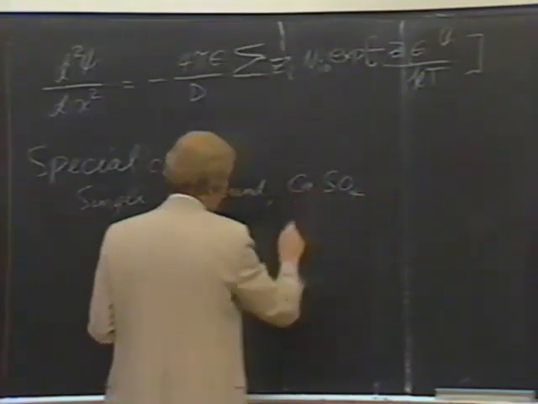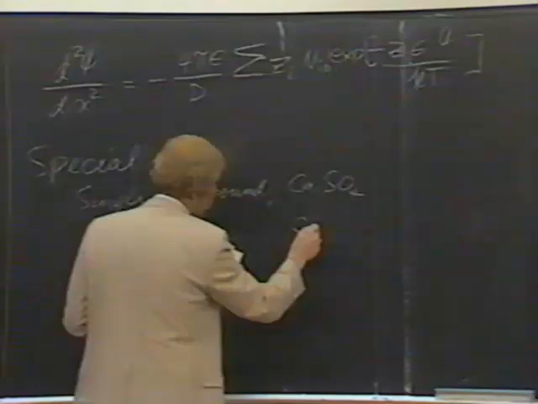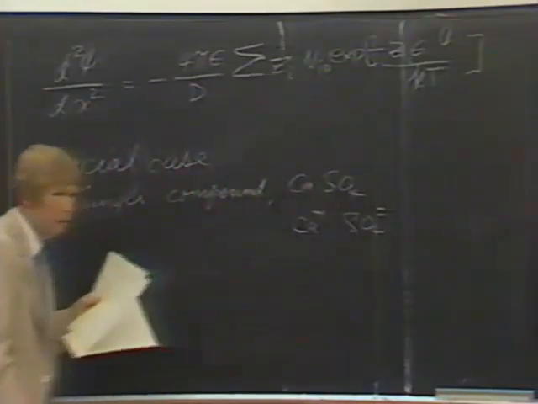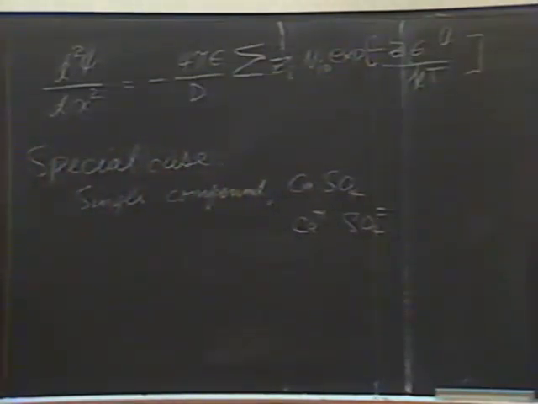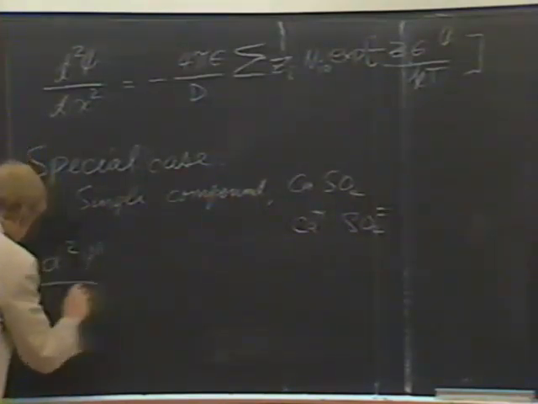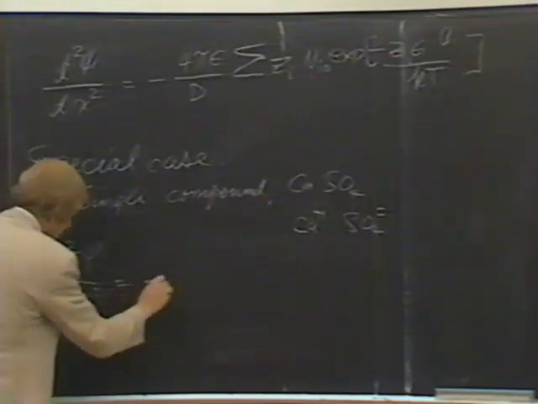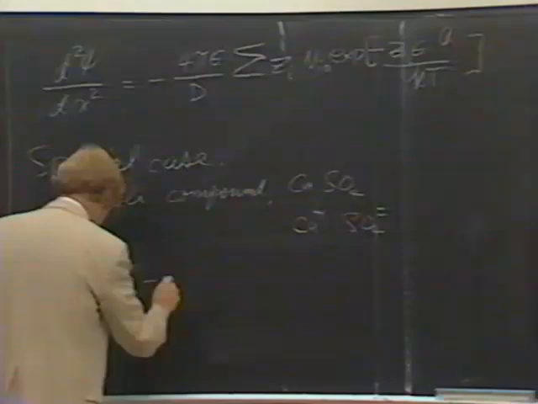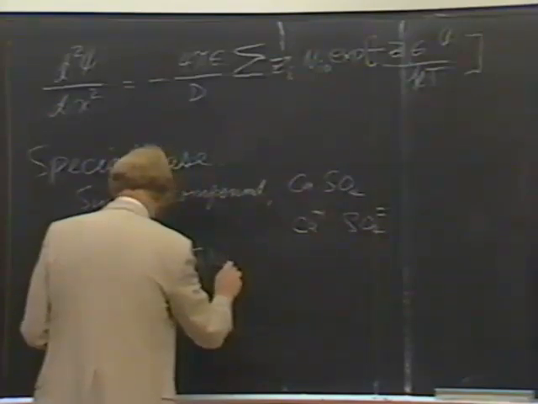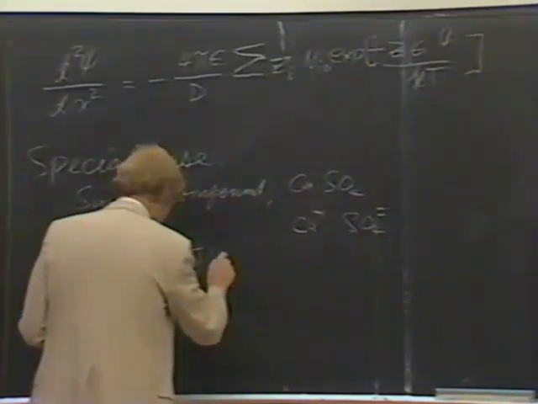And for this simple case, we can write d squared phi with respect to x squared is equal to minus 8 pi n0, let's leave it, z epsilon divided by D times the hyperbolic sine of z epsilon phi divided by kT.